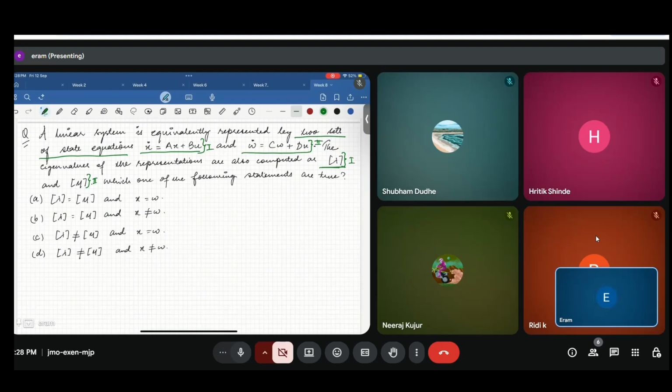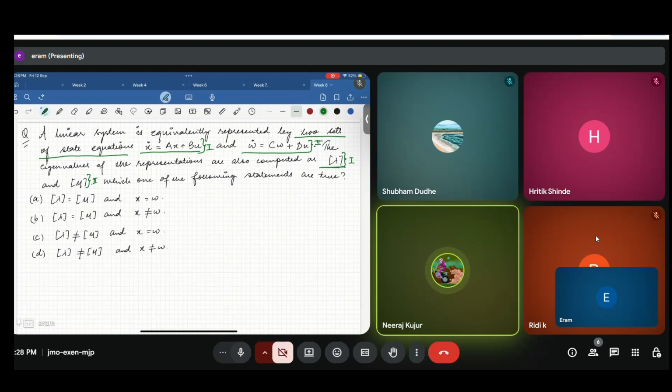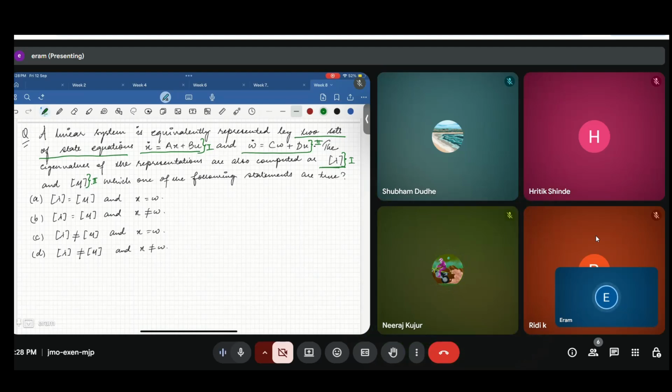Can we do that? Yes, because it depends on the states we are taking. The moment we change the state variables, our state space representation will change. So it is not unique for a system. For any system, you can have an infinite number of state space models.